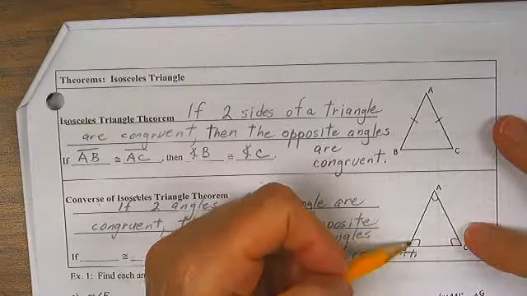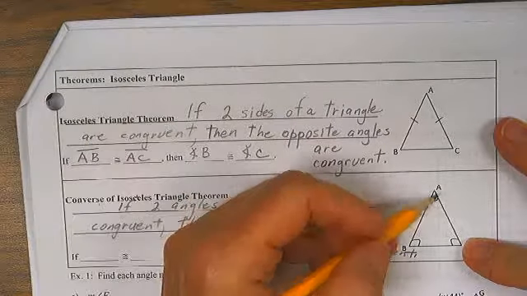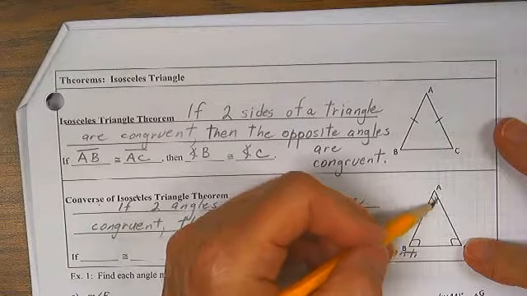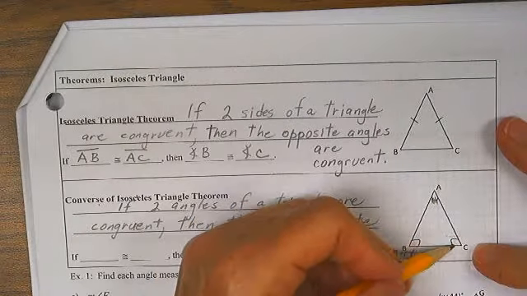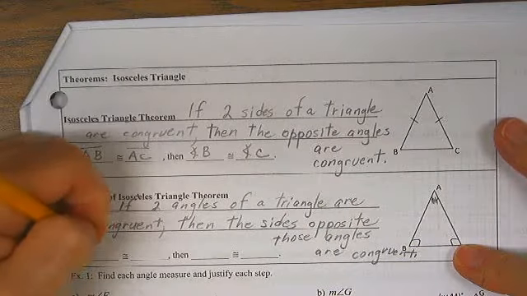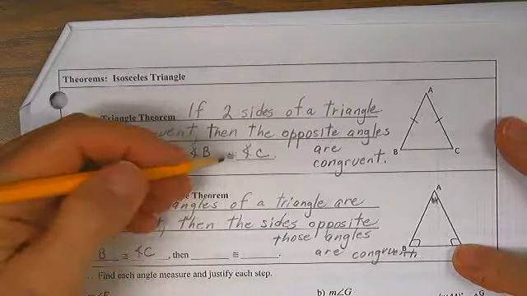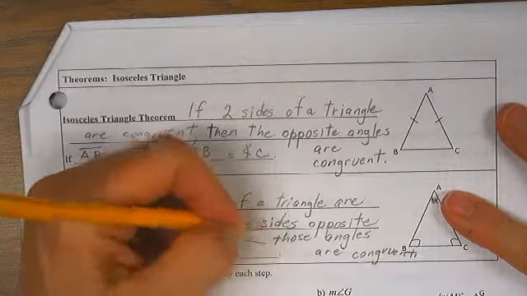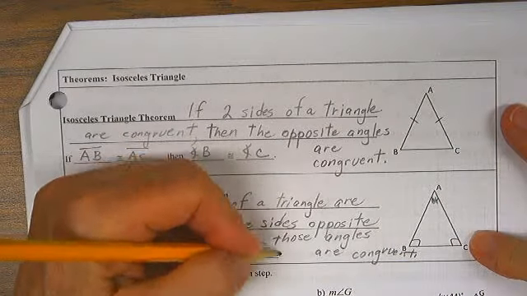Okay, these are marked so that we have an equiangular triangle. I'm not so crazy about that. I wish that we would just have angle B congruent to angle C. And if angle B is congruent to angle C, then segment AB is congruent to leg AC.